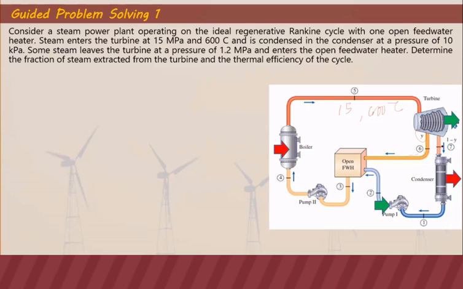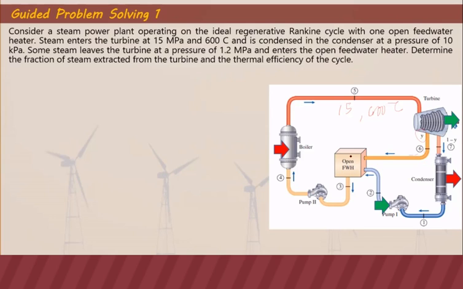So the steam condensed in the condenser is pumped to point 2, and it will meet the extracted steam at the open feed water heater.